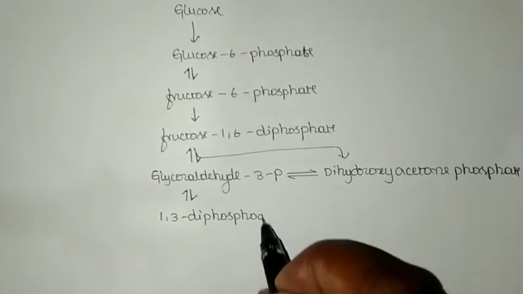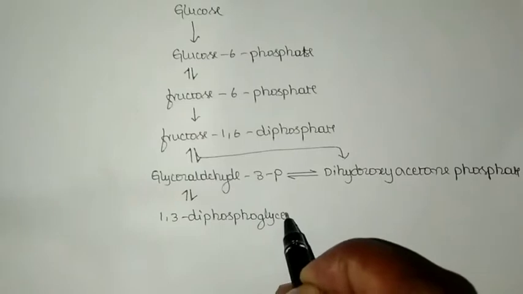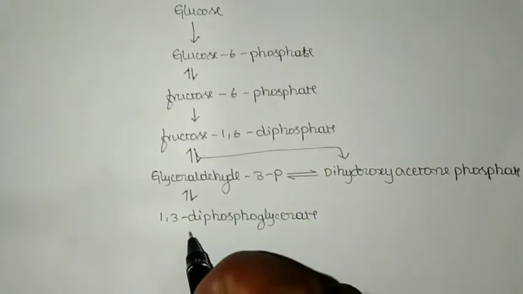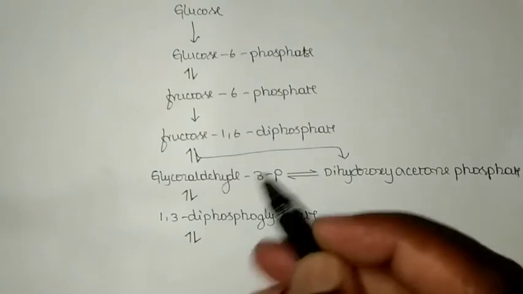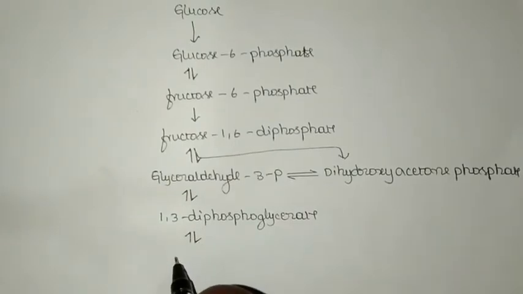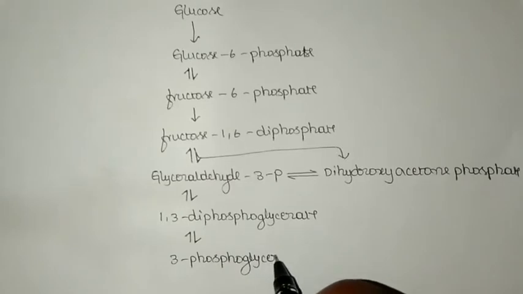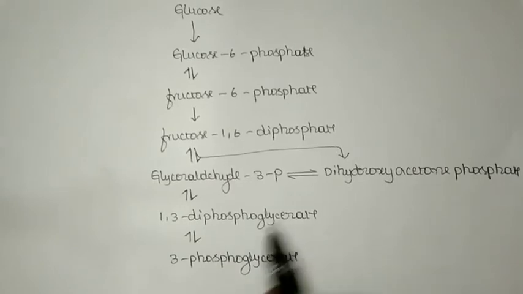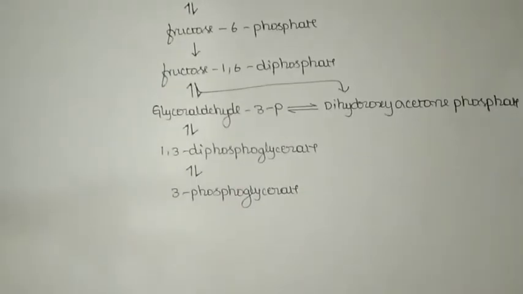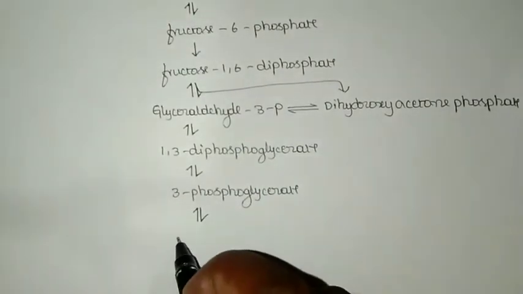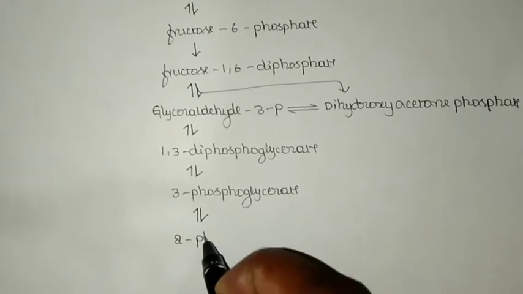And this 1,3 diphosphoglycerate will lose one phosphate unit so as to produce 3-phosphoglycerate. And this 3-phosphoglycerate will get mutated so as to produce 2-phosphoglycerate.